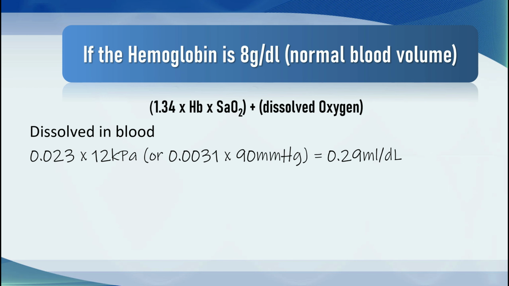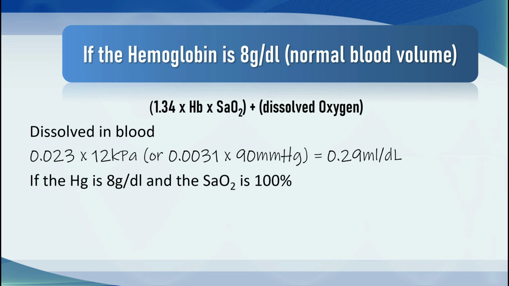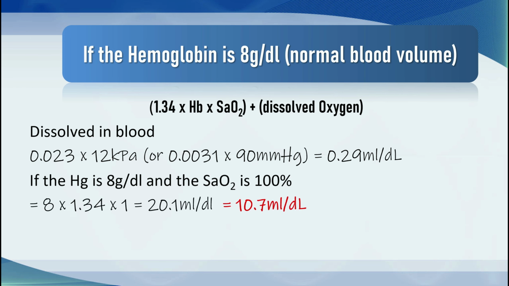But the hemoglobin at 8 grams per deciliter that is fully saturated, when you do the calculation, and maybe you should just pause the video now and do the calculation, that has a hemoglobin content of 10.7 mils per deciliter, approximately 11 mils. That's a little more than half of the oxygen content of the same patient if they had a hemoglobin of 15. But why doesn't this patient develop hypoxia?